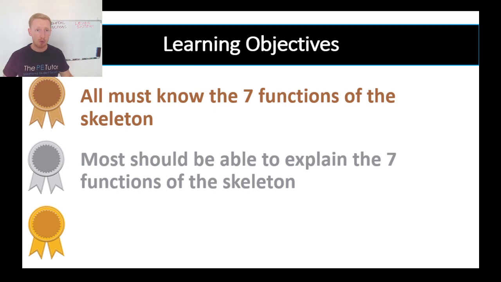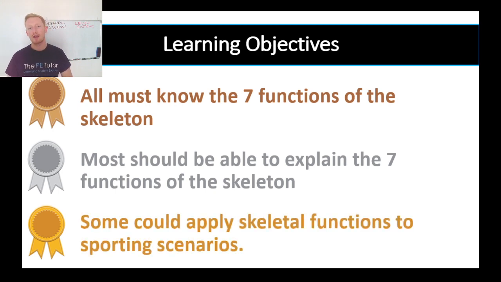Most people going into their exams can explain the functions, but to actually say how or what part of the bone leads to that function or purpose. And hopefully by the end we will get to sporting scenarios and we'll apply those functions into contexts such as boxing, such as long distance running, such as everything. So we'll look at all things skeletal system and sport.